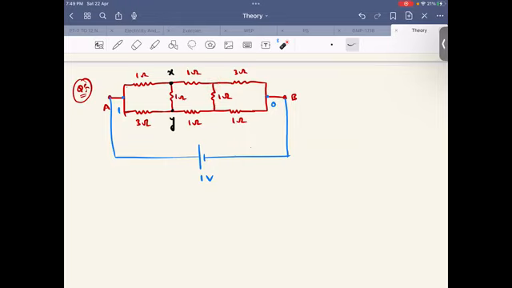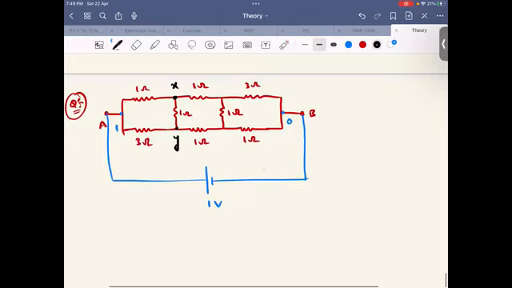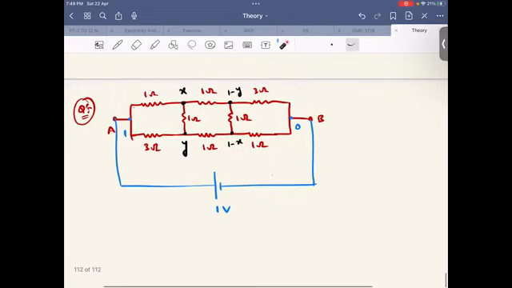Potential over here: 1 minus y. Yeah, very good. And here it will be 1 minus x. Sir, how did we get 1 minus y and 1 minus x? See, try to understand this.